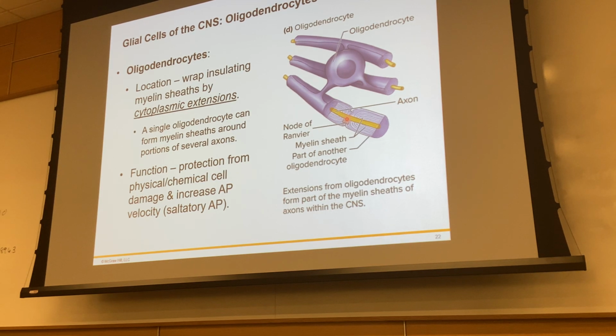So now, if you see a picture where multiple axons are wrapped by a single glial cell, that's got to be an oligodendrocyte. The mechanism that the oligodendrocyte produces is different than other mechanisms.